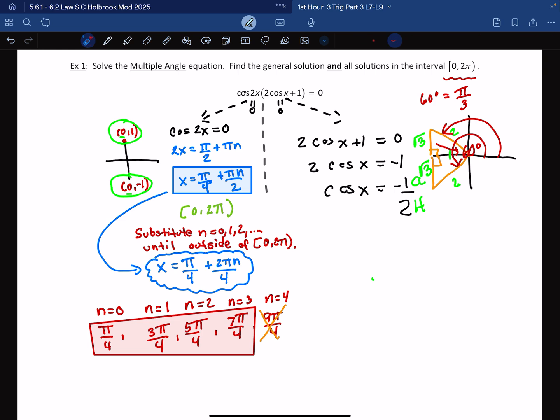This is 2 pi over 3 at this location. And at this position, you are 60 degrees past your half of a circle, and that would be 4 pi over 3, which is the same thing as 4 times 60 degrees, being 240 degrees, if you want to think about it that way.